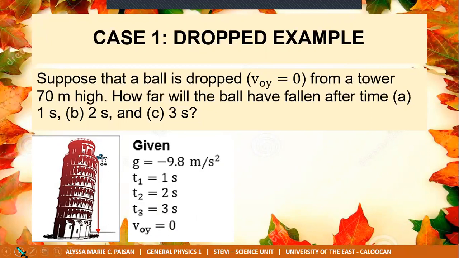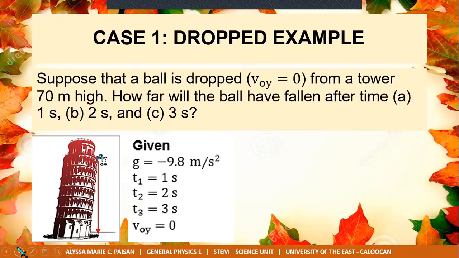Okay? And then, since we have 3 times that we need to identify the displacement of, we use subscripts such as 1, 2, and 3. And then, we know since this is dropped, automatically, the v naught y is equal to 0. So, another purpose of the conditions we have mentioned from the previous slide is that from there you would have ideas for the hidden or unmentioned given.